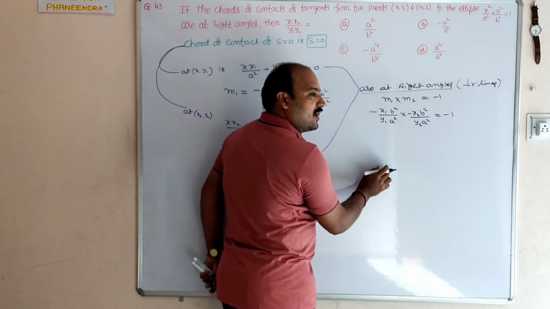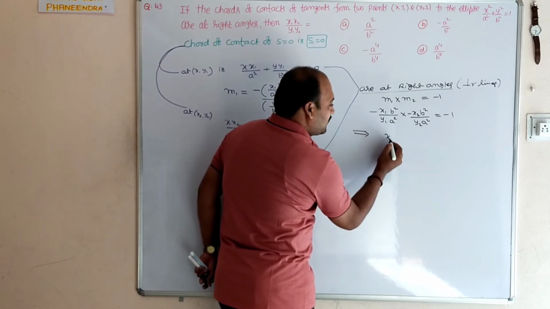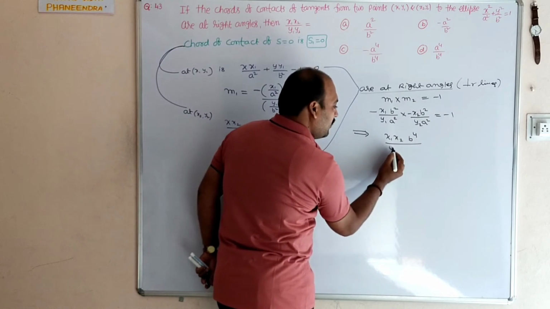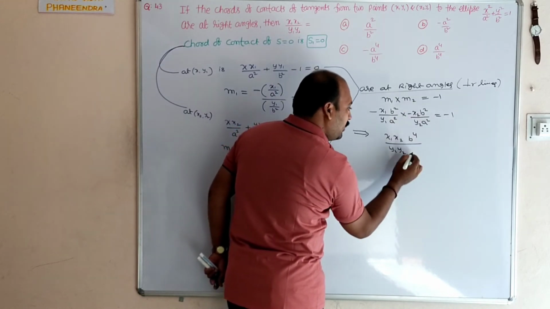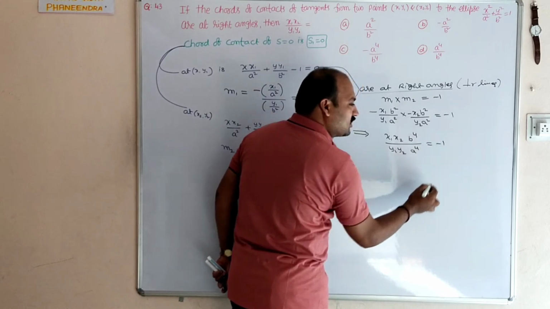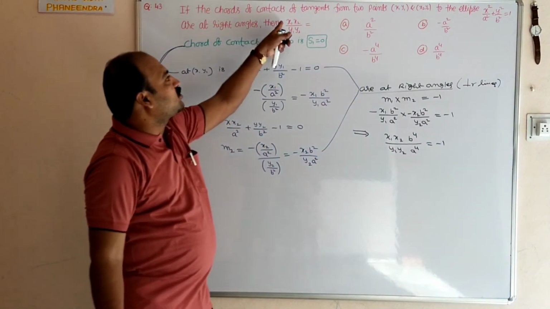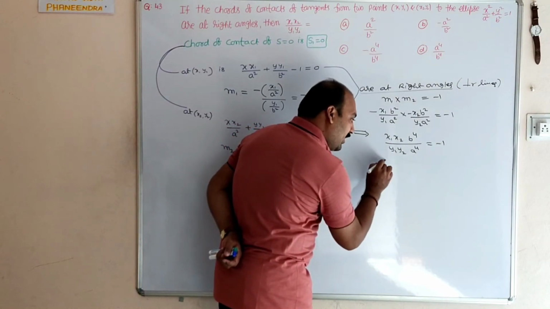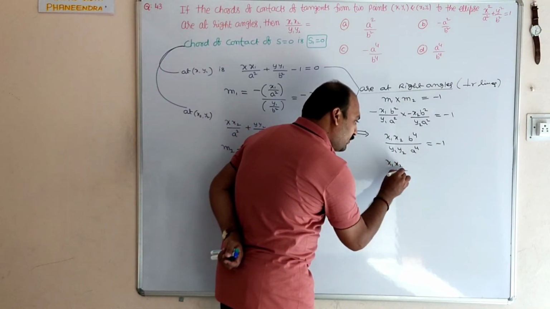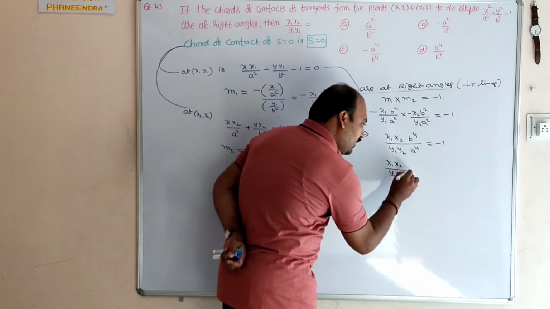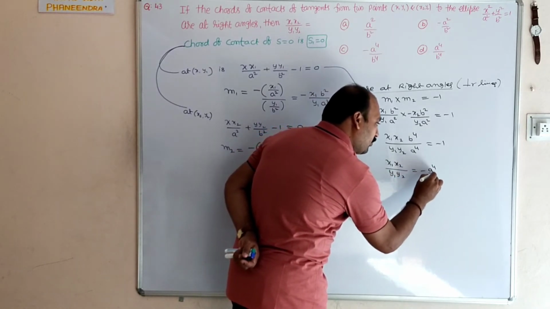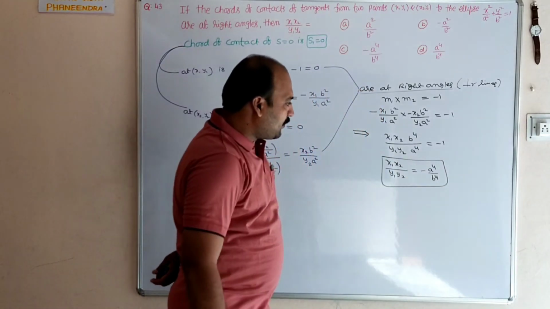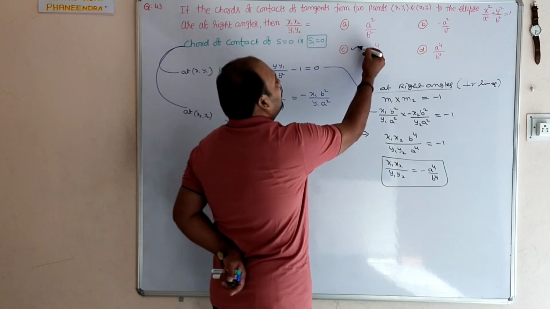Minus into minus is plus. That implies x1 x2 into b power 4 divided by y1 y2 into a power 4 equals minus 1. But we require only x1 x2 by y1 y2, which is equal to minus a power 4 by b power 4. This is our requirement, which is there in the third option.